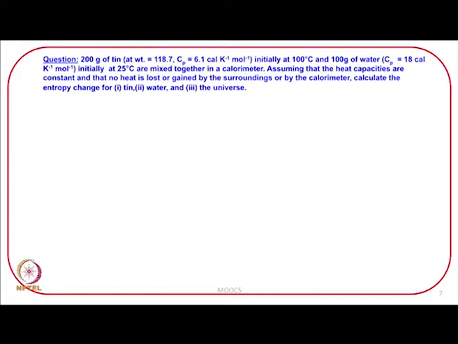What is the information given to us? There is a mixing of tin which is at 100 degrees Celsius with water which is at 25 degrees Celsius.